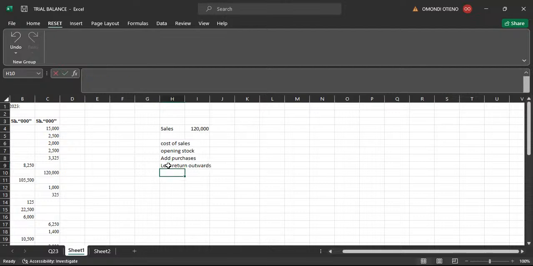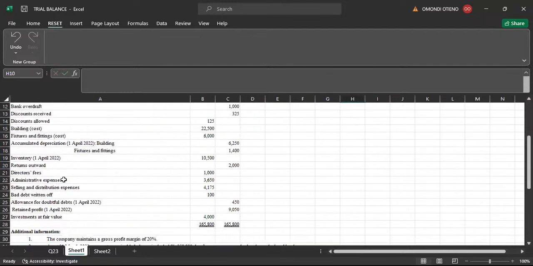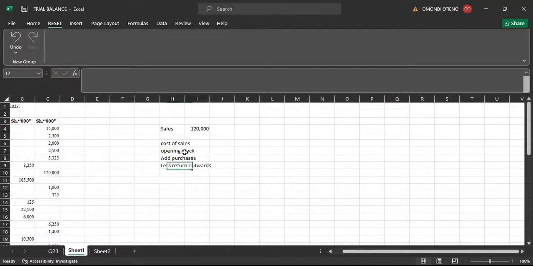If we have carriage inward, it should also be included there. But let me see if we have it in this particular question. Do we have carriage inward? No. So if there is no carriage inward, then these items here, opening stock, add purchases, less return outwards, will give us cost of goods available for sale.